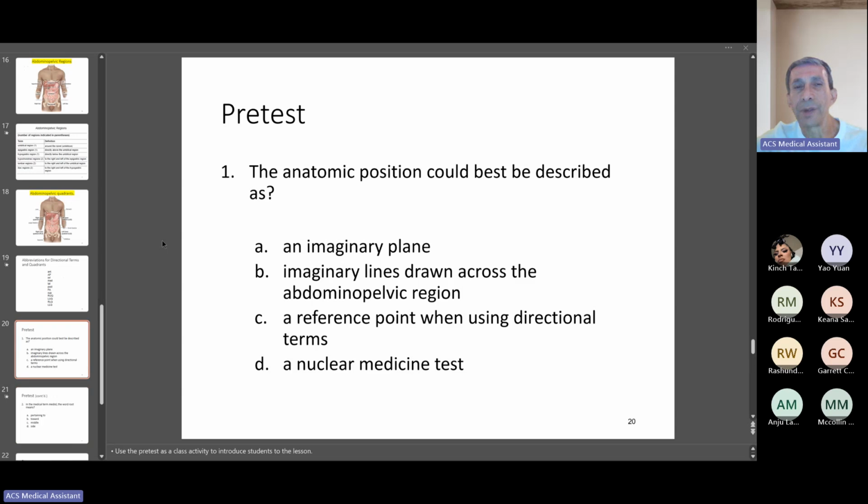And thank God we can do it. Okay, so let's answer these pretests. Remember, if you don't know the answer, just give me anything that you might think. You have plenty of time to do it. Okay, question number 1. The anatomic position could be best described as A, B, C, D. So do me a favor. Each one of you send me the letter by chat.